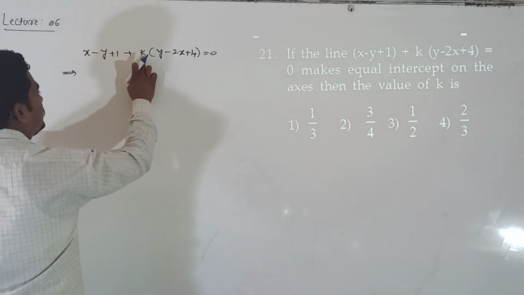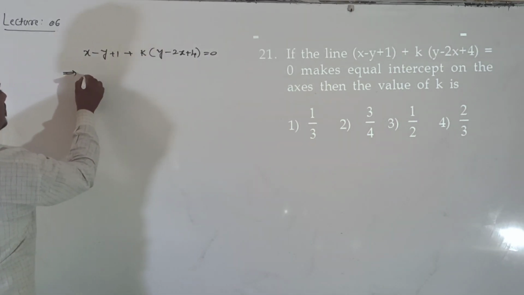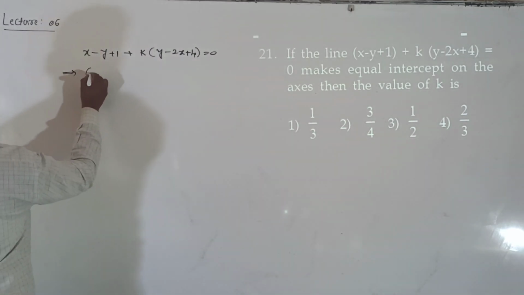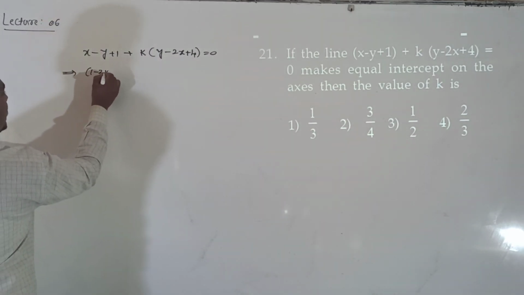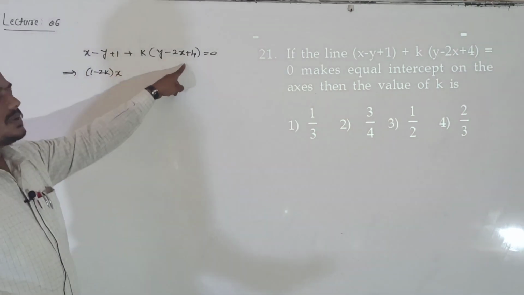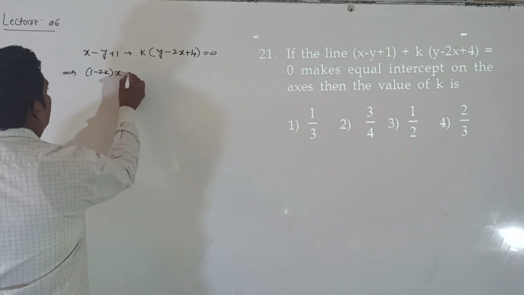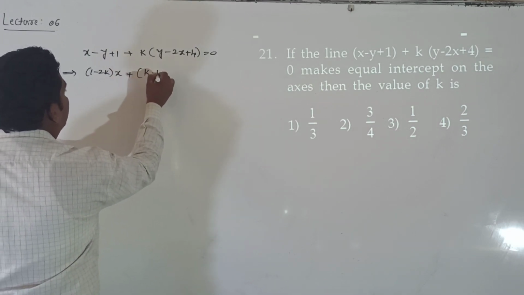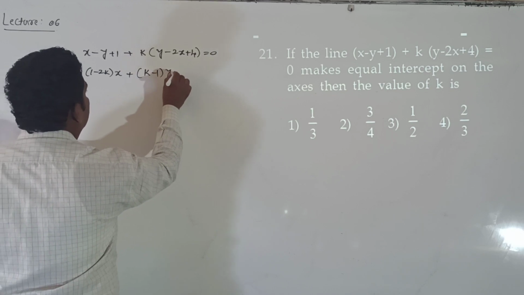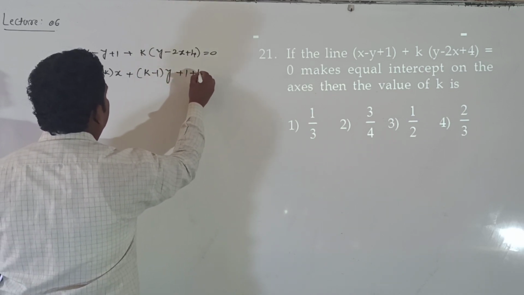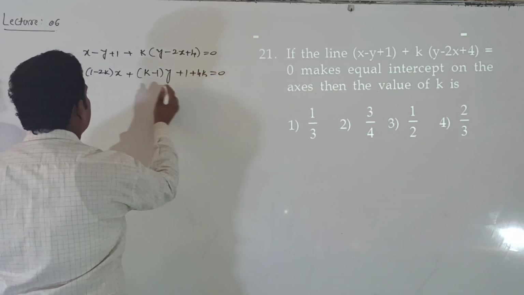Just by simplification, multiplying with k, you get minus 2kx. Taking x common, it will be (1 minus 2k) into x plus (k minus 1) into y plus (1 plus 4k), that's equal to 0.